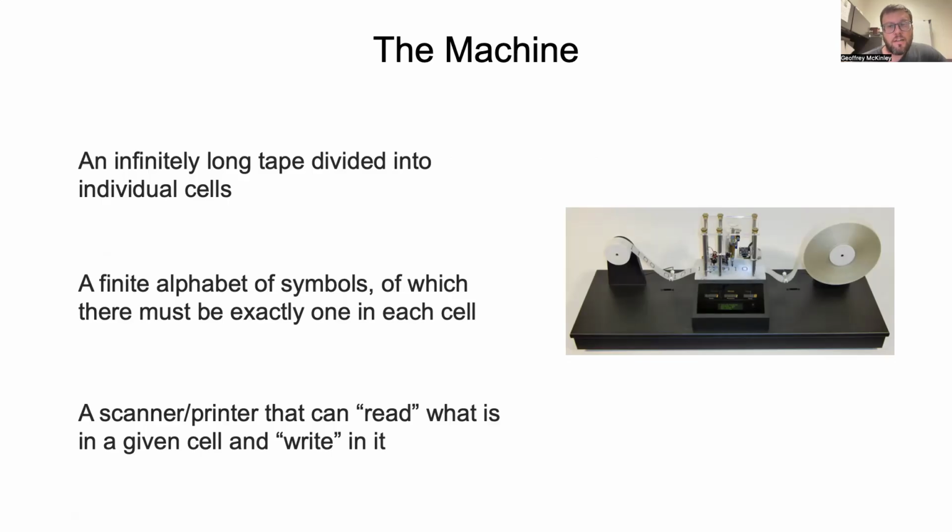The machine itself has an infinitely long tape divided into individual cells, and it has a finite alphabet of symbols, of which there must be exactly one symbol in each cell of the tape. And then there's a printer or scanner that can essentially read what is in a given cell, and it can also write over that cell or write in that cell.